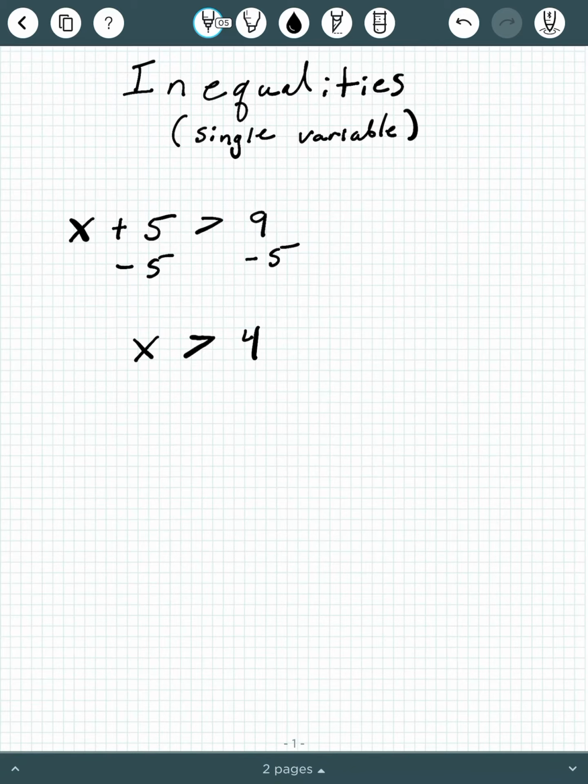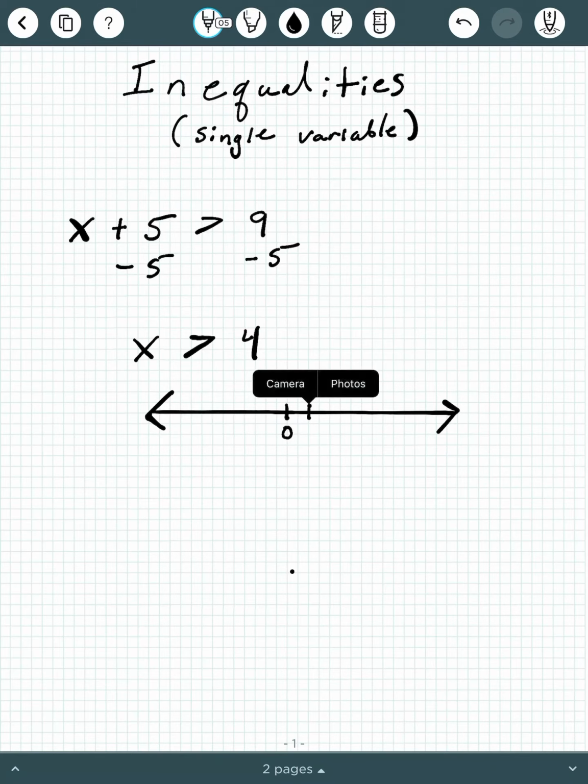Another way that I can show that would be on a number line. So let me get a straight edge here. If I sketch a number line, and let's say this is 0, 2, 4, just to show we've got negatives as well.